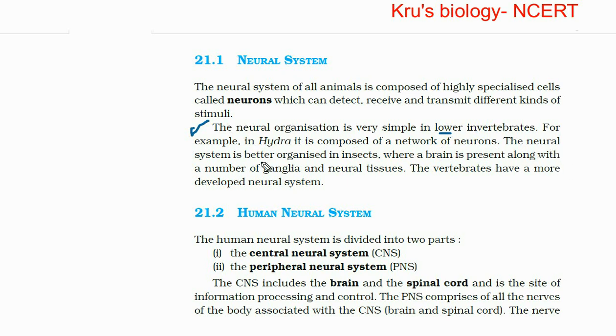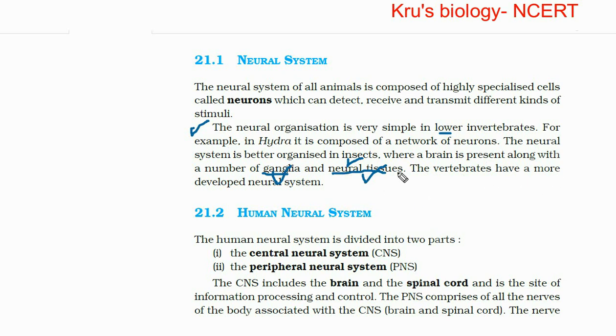The neural system is better organized in insects, where a brain is present along with a number of ganglia and neural tissue. Now what do you mean by ganglia and neural tissue? They are the components of the nervous system, and neurons play an important role as part of nervous tissue, right?